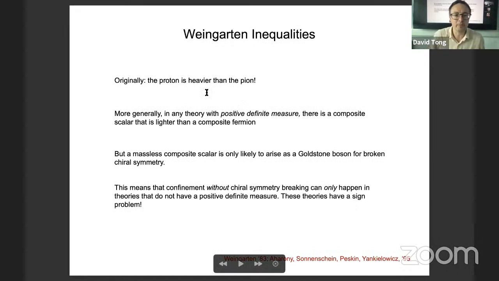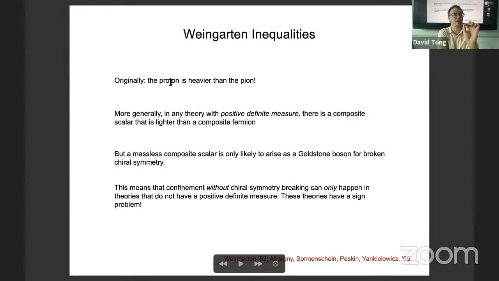So what did Weingarten prove? What Weingarten proved is that the proton is heavier than the pion, which you might think we don't need any proof for, because we just have the particle data book and it's obvious because of chiral symmetry breaking. But he proved the proton is heavier than the pion without any assumption of chiral symmetry breaking. He just showed it had to be true.